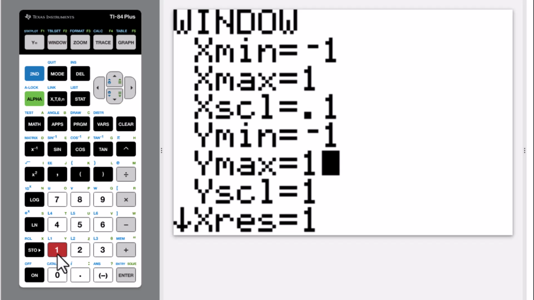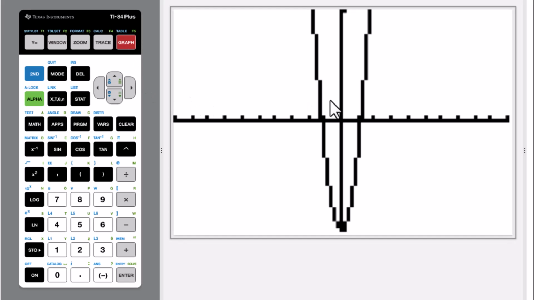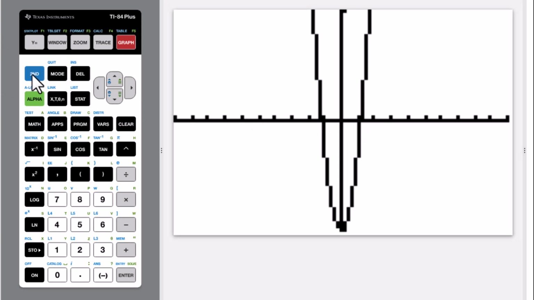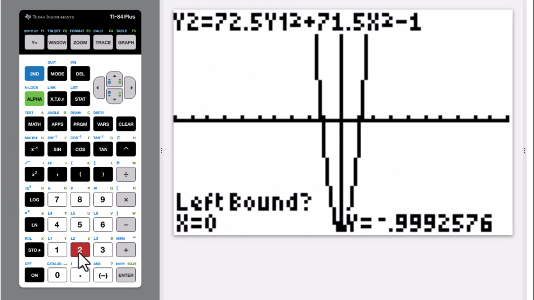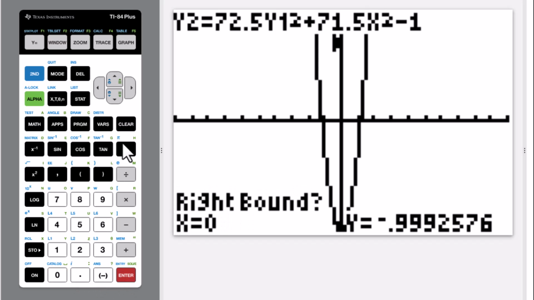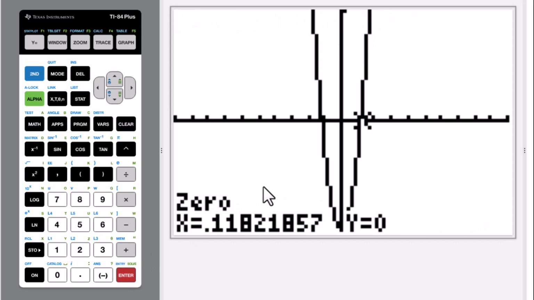Maximum is 1. Then graph. You could see x-intercept very clearly. So second trace, go to 2, 0, enter. Move the cursor to the right side of the x-intercept, enter, enter.